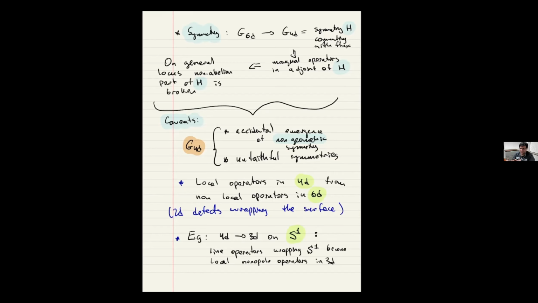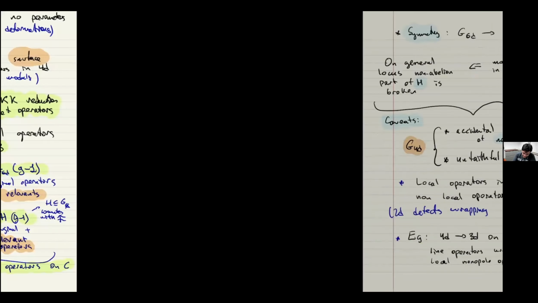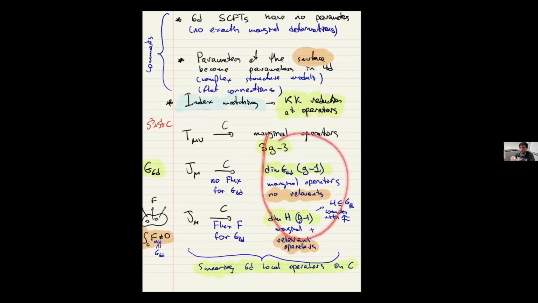This is also related to J1's question. You can ask: using this KK reduction of operators, you predict that a certain operator exists, there is a conserved current, so how can it disappear? Well, it disappears because in the RG flow, it might be recombined with some other operator which comes from some other source, and so on.